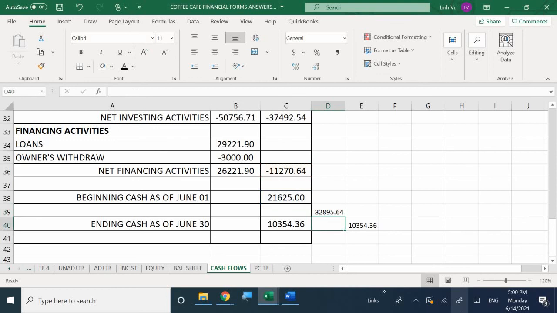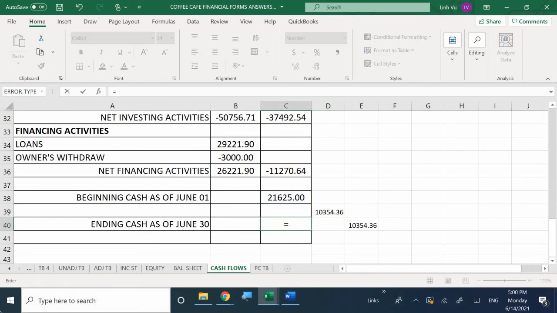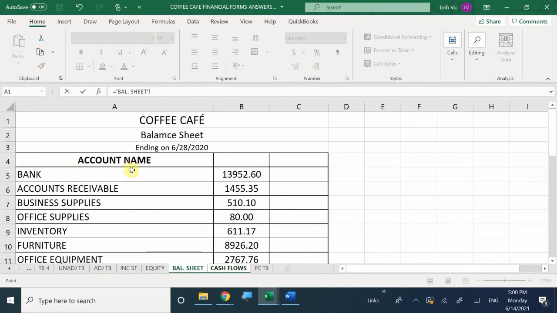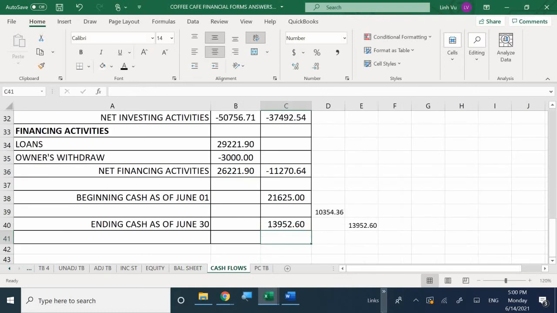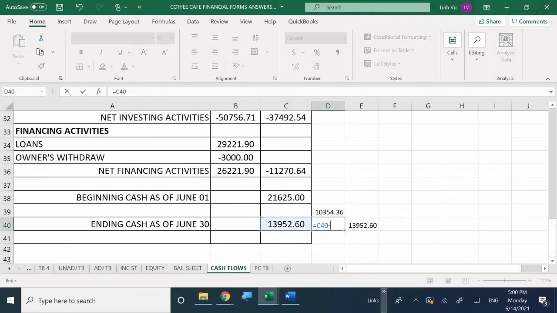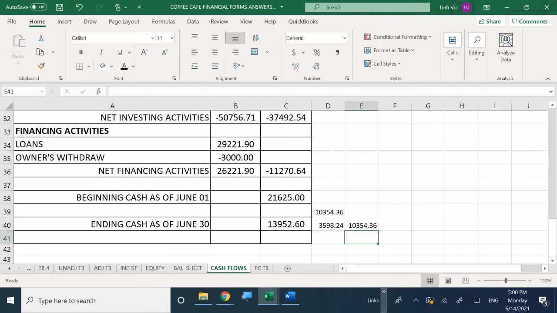I'm supposed to have $10,000 in my bank account, but right now I have a total of 13,000 in my bank account because that's what I have for my bank. I have $13,952.60. So here I am looking at a $3,000 discrepancy.